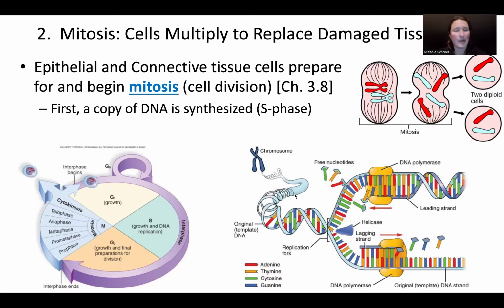And so what happens in the process of DNA synthesis is that there is a little enzyme called helicase that breaks the hydrogen bonds between the double helix strands of DNA, and different enzymes called DNA polymerase, right? Very similar to RNA polymerase, but instead of making RNA polymers, these make DNA polymers.